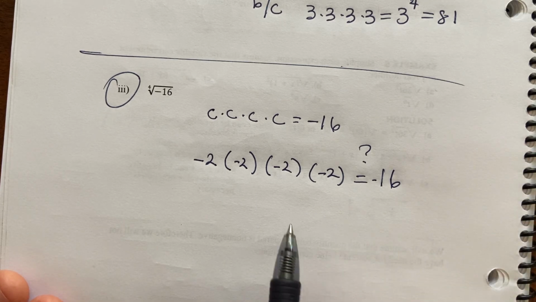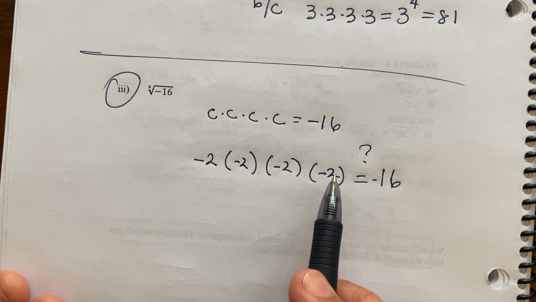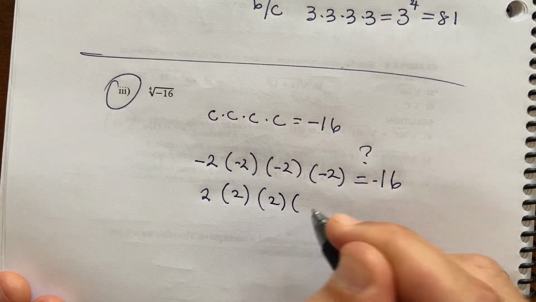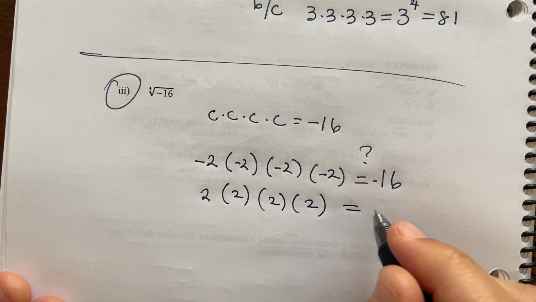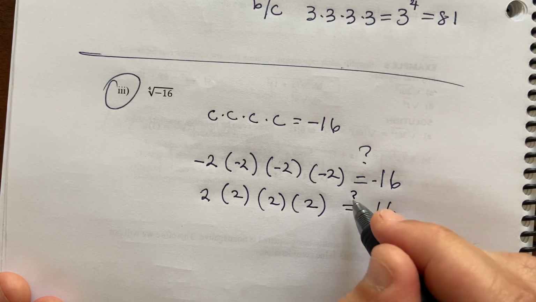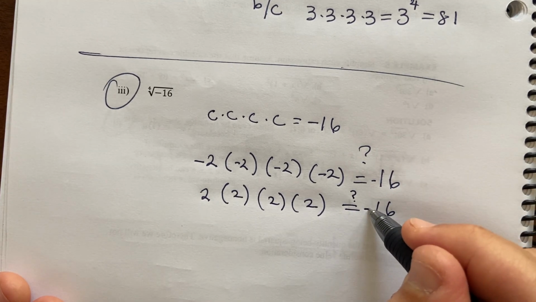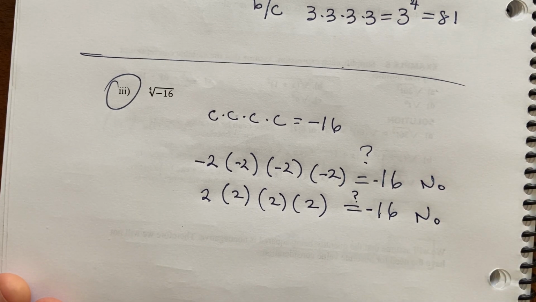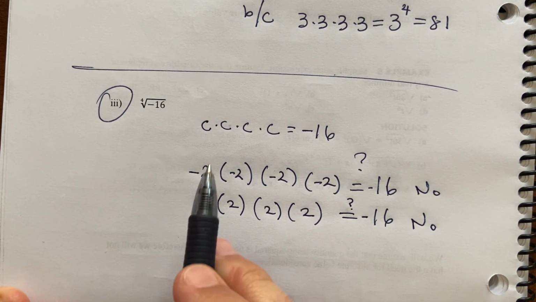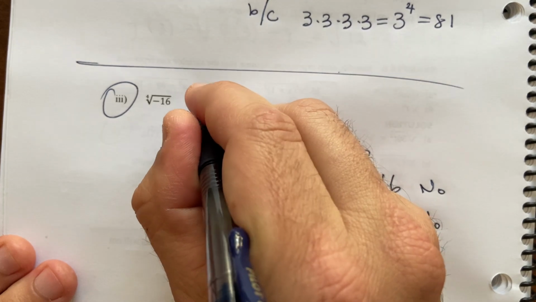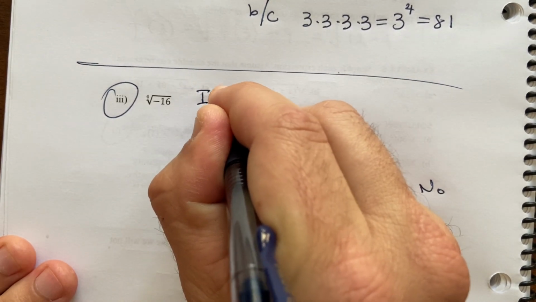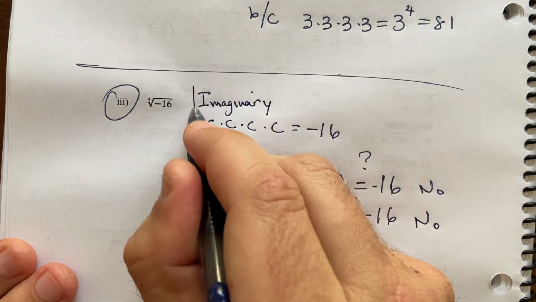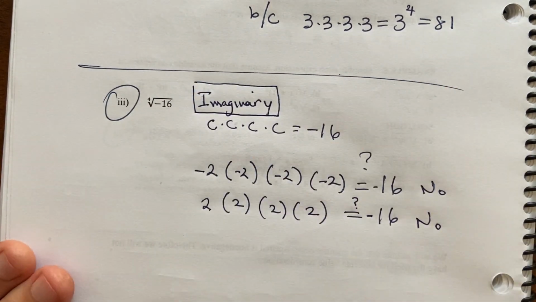No, it's not. This would be equal to positive 16. If it were 2 times 2 times 2 times 2, then this would also be equal to positive 16. So is that equal to negative 16? No. Both of these are positive, actually. So this is imaginary.